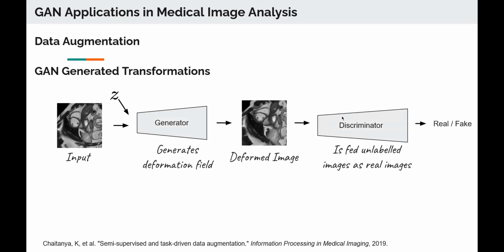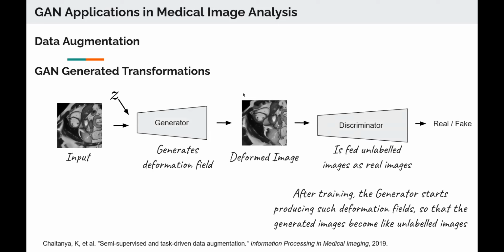So we can say that those 1,000 images are real images, and whatever the generator produces are actually fake images. And we know that in GANs, what happens is after training, the generator starts producing images that look like our pool of unlabeled images, right? So the idea is that hopefully after training for a number of iterations, the generator will start producing deformed images that actually look like the unlabeled images that we had.